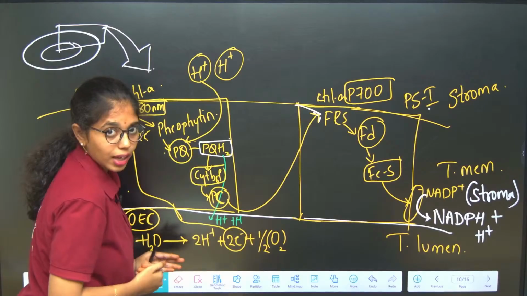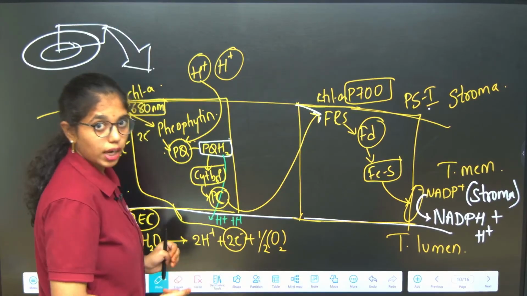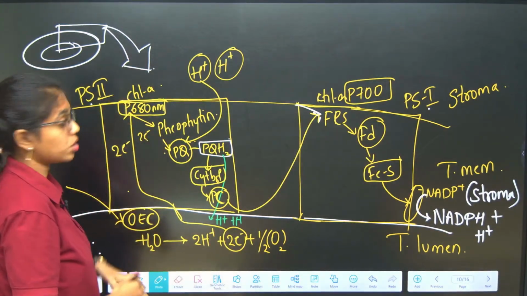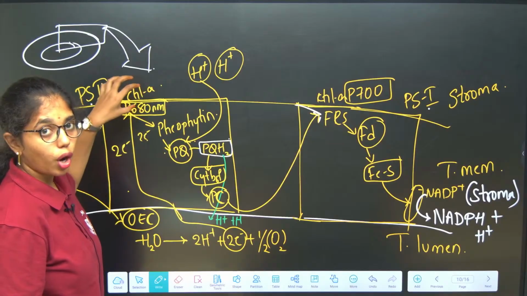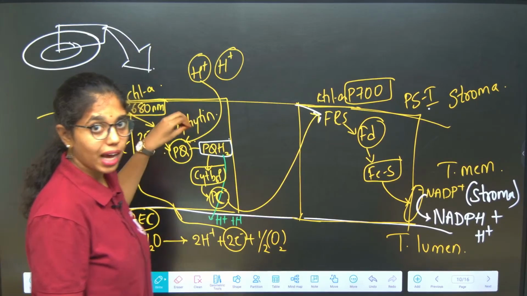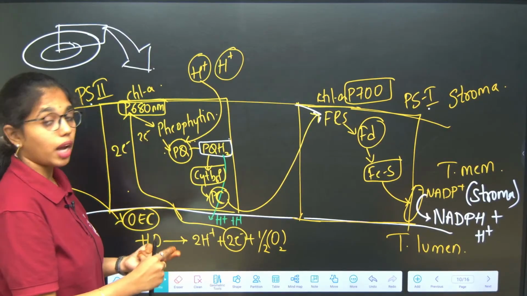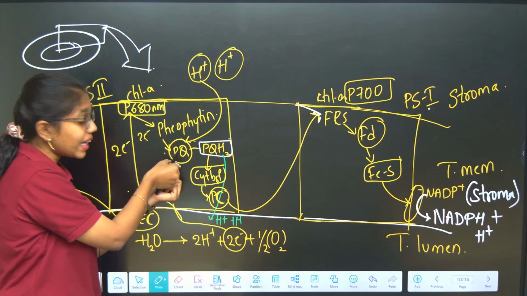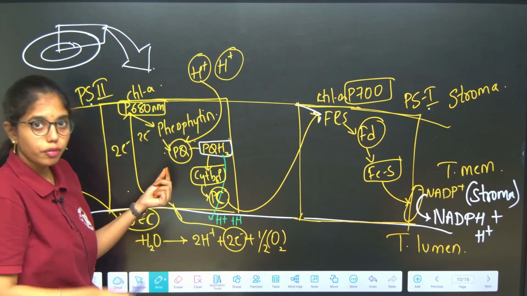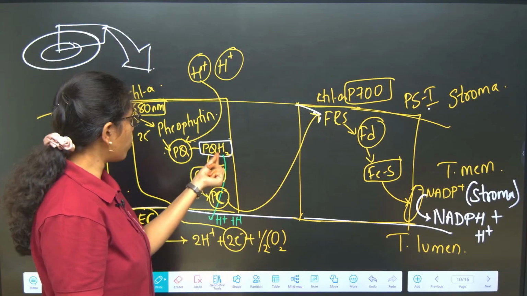After the photolysis of water, the two electrons formed serve as a continuous supply of electrons to the reaction center of photosystem 2. From here, the primary electron acceptor is pheophytin, and then plastoquinone. Plastoquinone accepts electrons from pheophytin, and parallelly takes protons from the stroma, becoming plastohydroquinone.